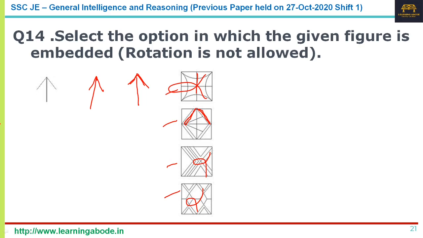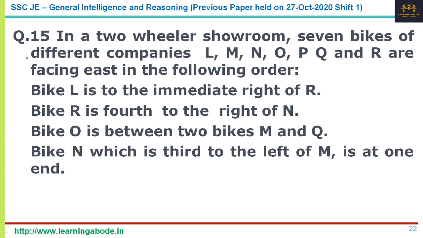Now to 15. It's a seating arrangement question. There are 7 bikes of different companies, L, M, N, O, P, Q, R, and they're all facing east. What we can do is first fix the direction. So I'll say this is north, south, west, and east.